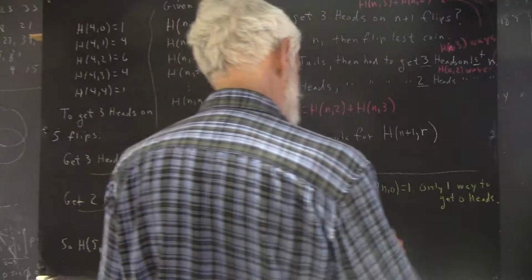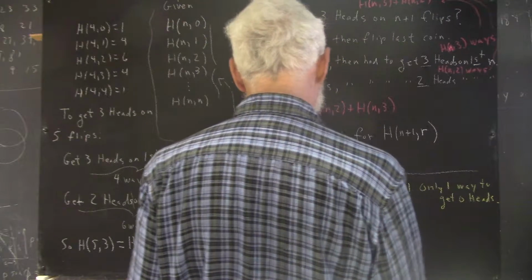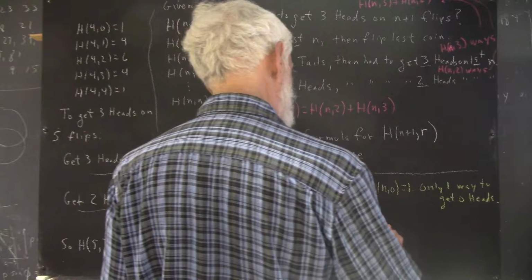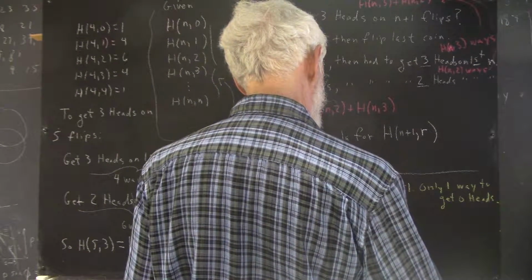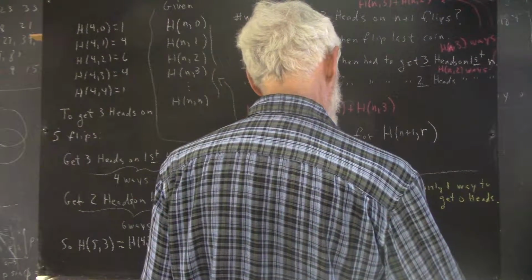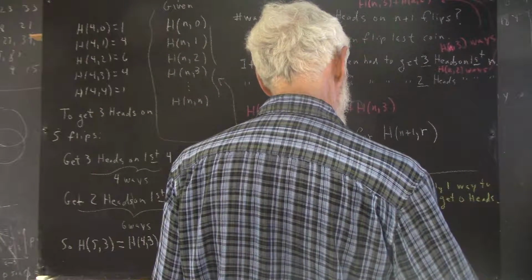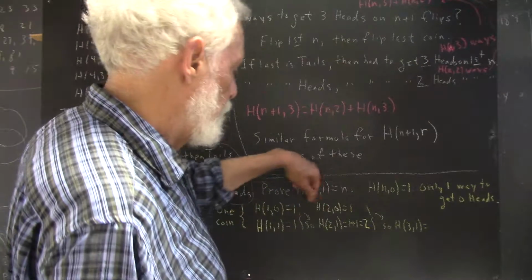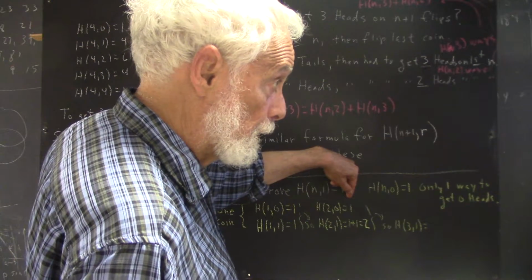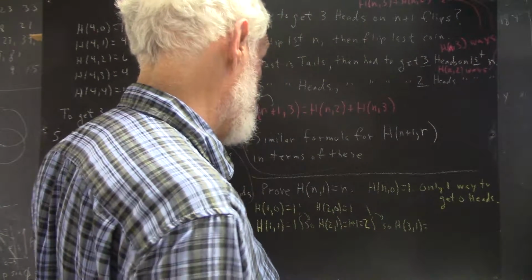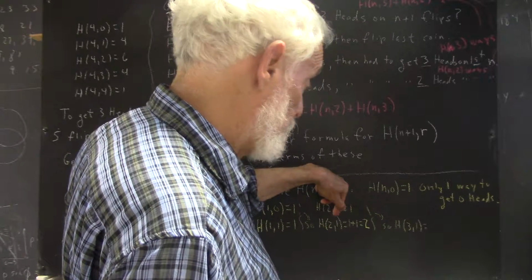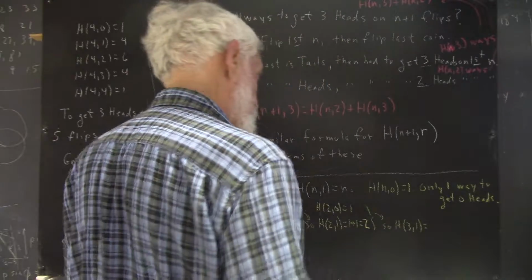Well, putting these together, we can say that h of 3,1 has to equal the 1 way we can get no heads in the first 2, matched up with a head on the third flip, and the 2 ways there are to get 1 head on the first 2, matched up with a tail on the third flip.